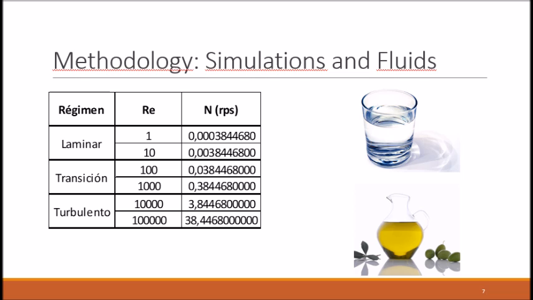For example, we have a Reynolds number of 1 for an angular velocity of 0.0038 revolutions per second, and the last one is a Reynolds number of 100,000 and an angular velocity of 38.44. Additionally, what we wanted to prove is the performance of our design with a non-Newtonian fluid and a Newtonian fluid. That's why the 6 simulations were run for both water and mineral oil.